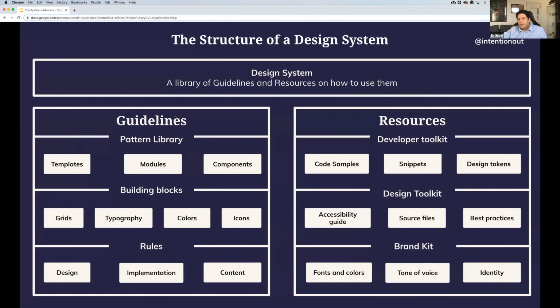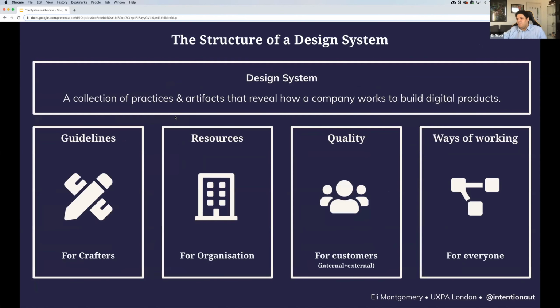So earlier we took a look at the structure of a design system. Like I said, I pulled this from a bunch of different ways that I've seen this laid out. If we step up a level and think about the broader context we've been talking about tonight, the design system is more like this. It's a collection of practices and artifacts that reveal how we work together to build digital products.